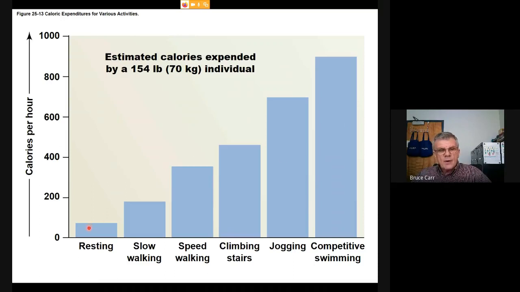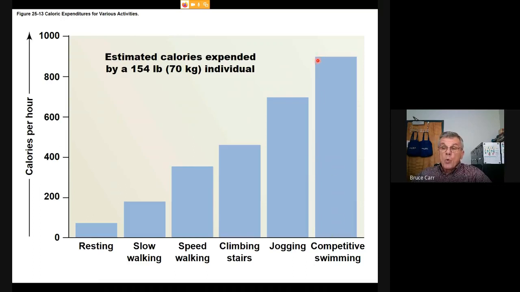So here we are at rest, calories per hour under 100, slow walking 200, speed walking 400, climbing stairs, not only walking, but walking with a muscular exertion to raise our elevation. Constant activity like jogging, and finally something like competitive swimming.